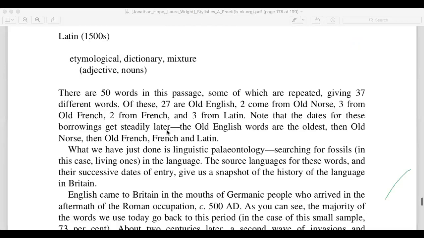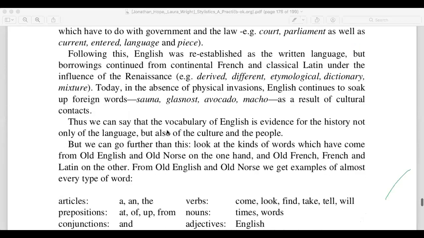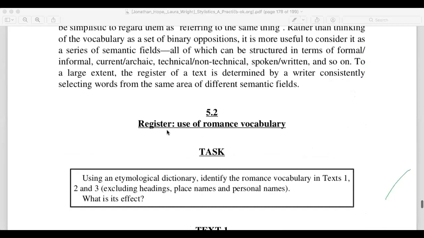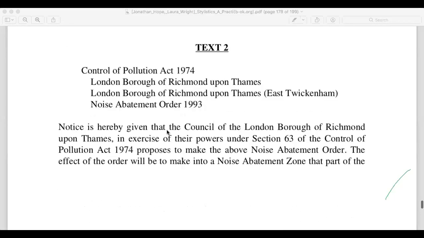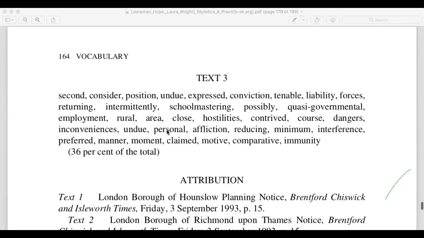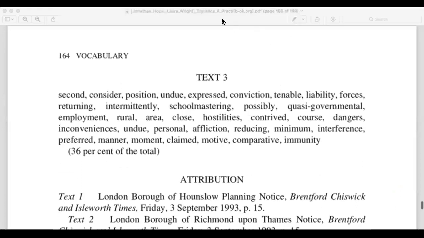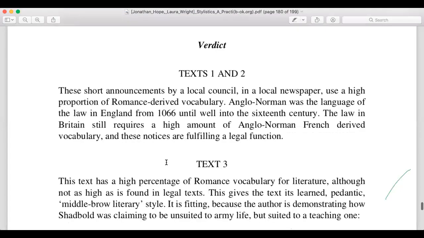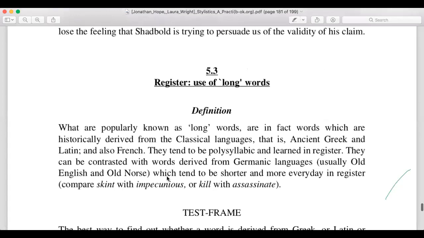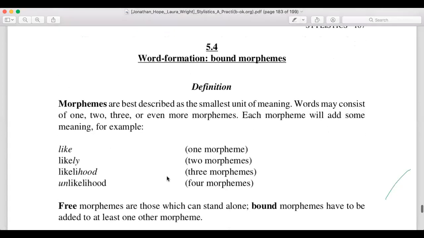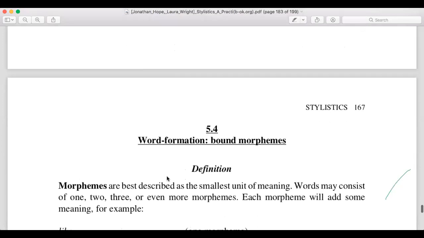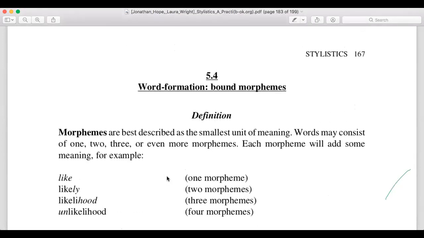Okay, so we would be starting with the morphemes, right? Where is 5.4? Okay, here. As you all know, in the introductory classes of linguistics, you were told that a morpheme is the smallest unit of meaning.